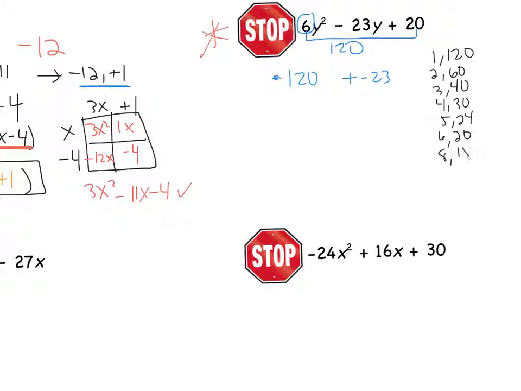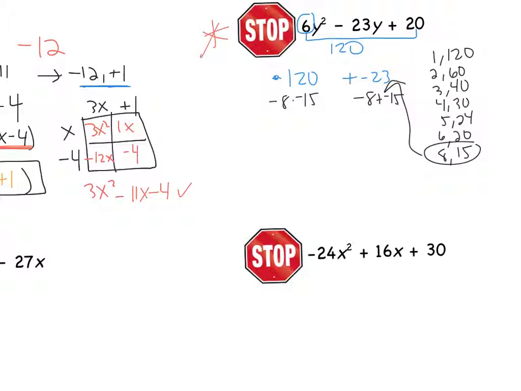I have 8 and 15. Okay, and that's where I'm going to stop. 8 and 15, similar to 23, negative 23. Negative 8 times negative 15 will give me 120, and negative 8 plus negative 15 will give me negative 23.